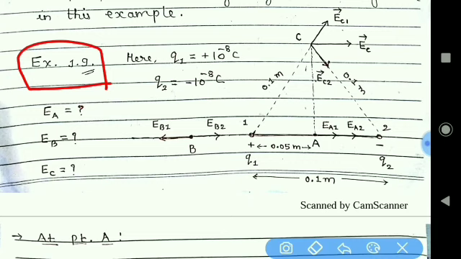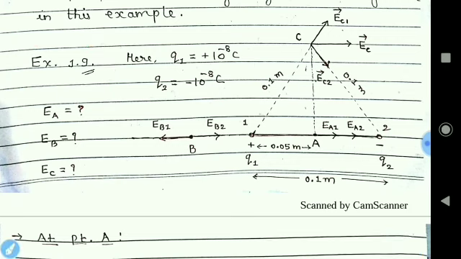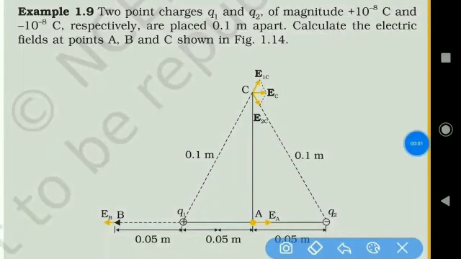Here also the process will be similar, but in place of force we are going to find the resultant electric field at a point. In this example, two point charges q1 and q2 are given.